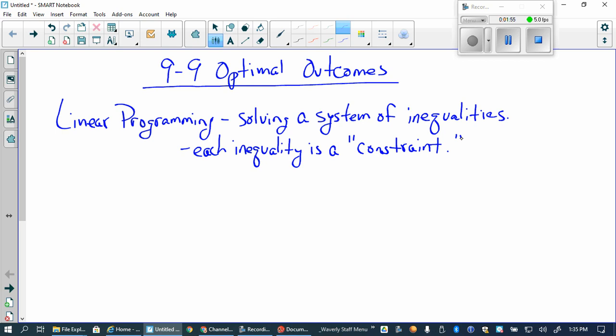And these inequalities will set up sort of the boundaries within which we want to try and optimize some other function, like maximize profit or minimize expense, right? So we'll talk about optimizing. That's maximizing revenue or profit or minimizing expense.